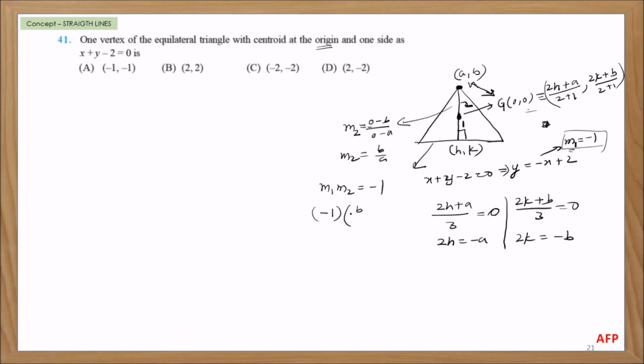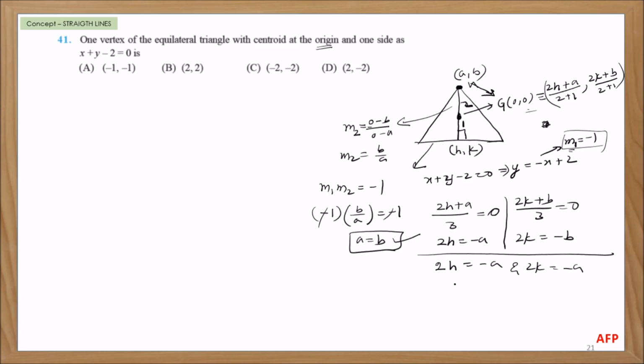What is m2? b by a. So minus 1 into b by a equals minus 1, the minus 1 gets cancelled, so a is equal to b we got. So what is the meaning here? H is equal to minus a, and 2k is equal to minus a, because a is equal to b here. So you can write 2h is equal to 2k. This implies h is equal to k.